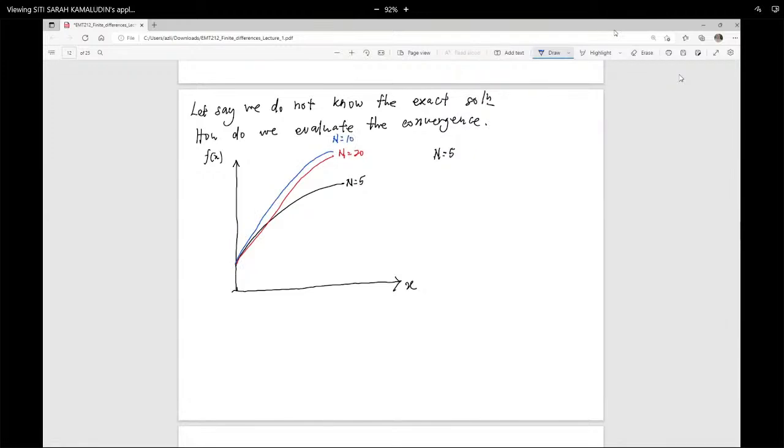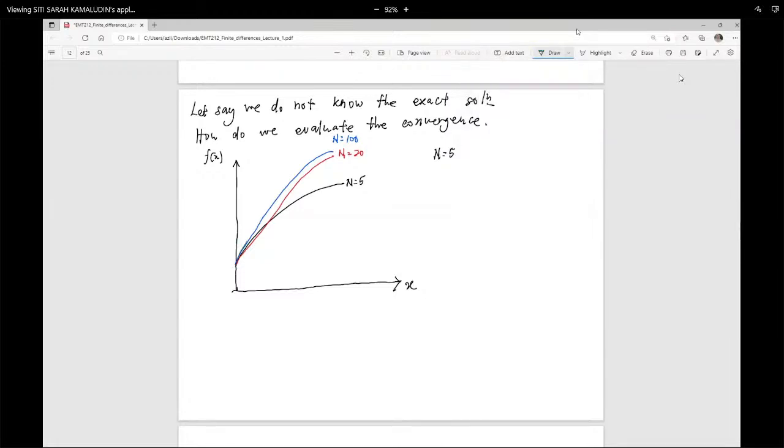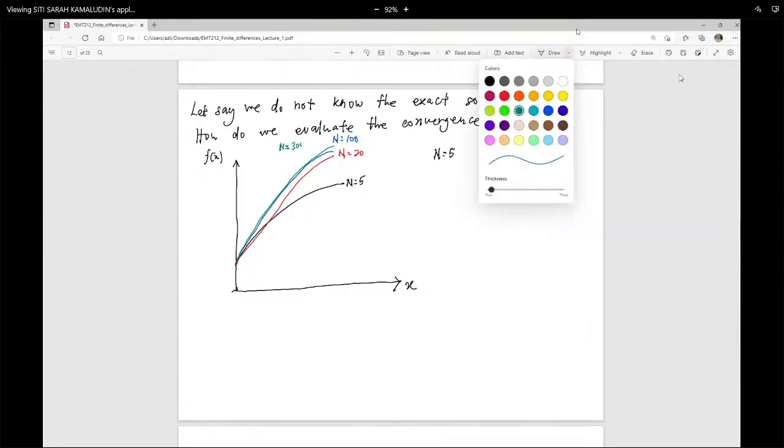And then we increase some more of our points. Green one is n is equal to maybe 300. So we can see that for n is equal to 100 and n is equal to 300, the solutions do not give much difference.